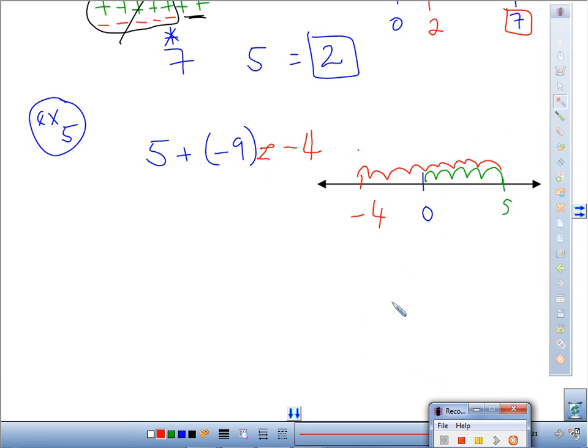Yeah, okay. For the next one, we're doing tiles. So right underneath, the first number is 5, so you're going to write the tiles underneath the 5.